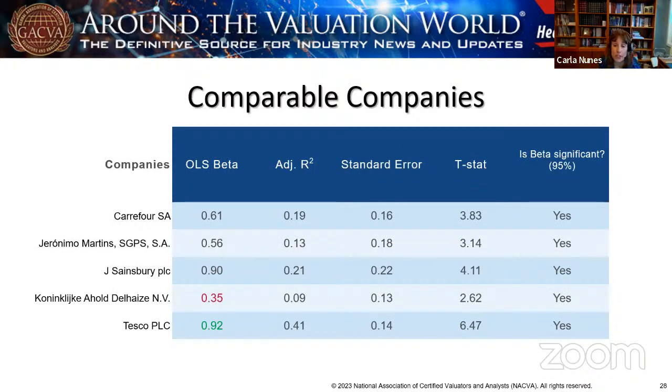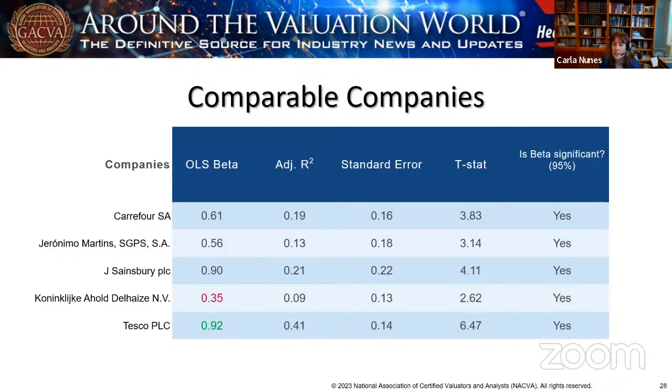In terms of standard errors, obviously we want it to be small. It means that your variability around the OLS beta estimate could be plus or minus that number. The smaller it is, the better. But as Kevin said, we have different statistical significance. That's why we have the t-stat, to see if the beta coefficient is statistically significant, up to the 95% level.